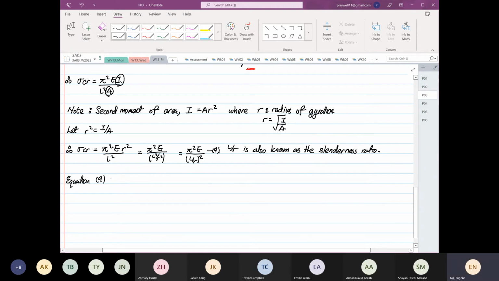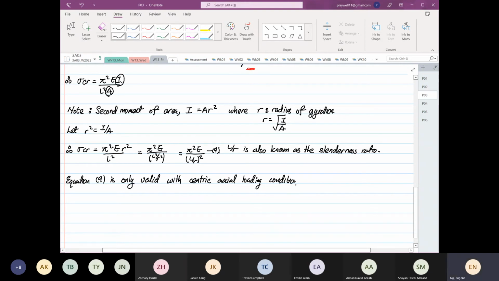Equation number 9 is only valid with centric axial loading condition.